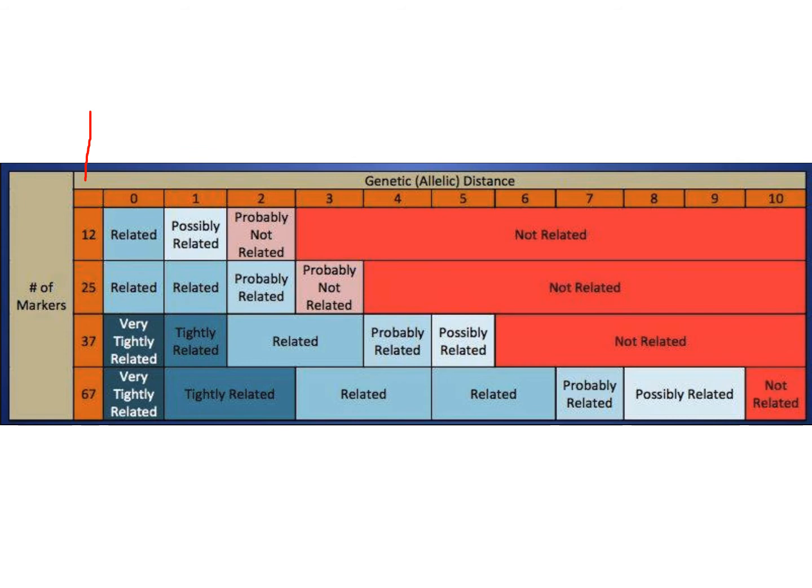Under the 12 marker test we're talking about, the related box is here where you've got 0 difference. For the rest of them, the related box moves on out and you get tightly and very tightly related. And of course this very tightly related gives you confidence that within a short period of time you have a common relative.